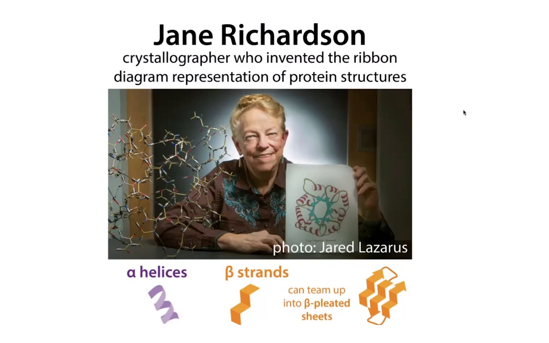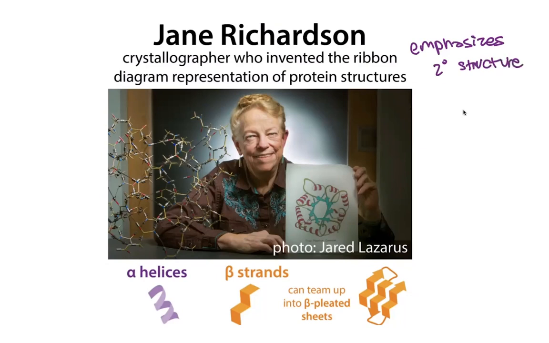So in this class, we're going to look at a bunch of different ways that we can represent the 3D structure of proteins, and they're going to emphasize different features. The ribbon diagram representation emphasizes the secondary structure, so it makes it easier to see the alpha helices and the beta strands.